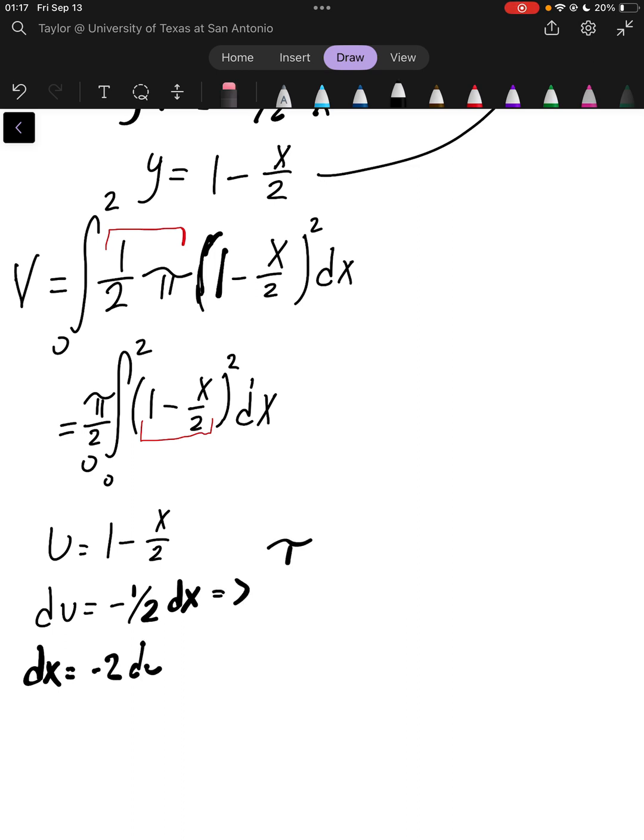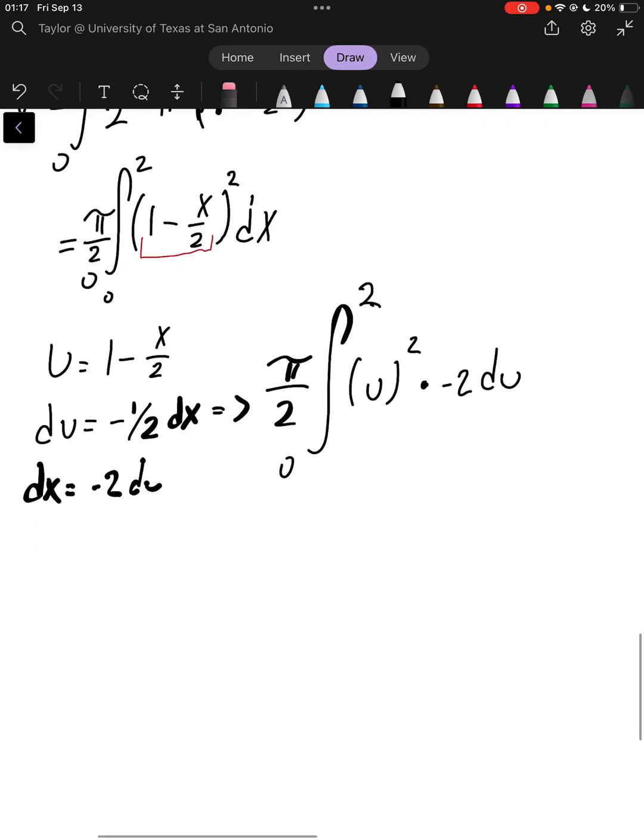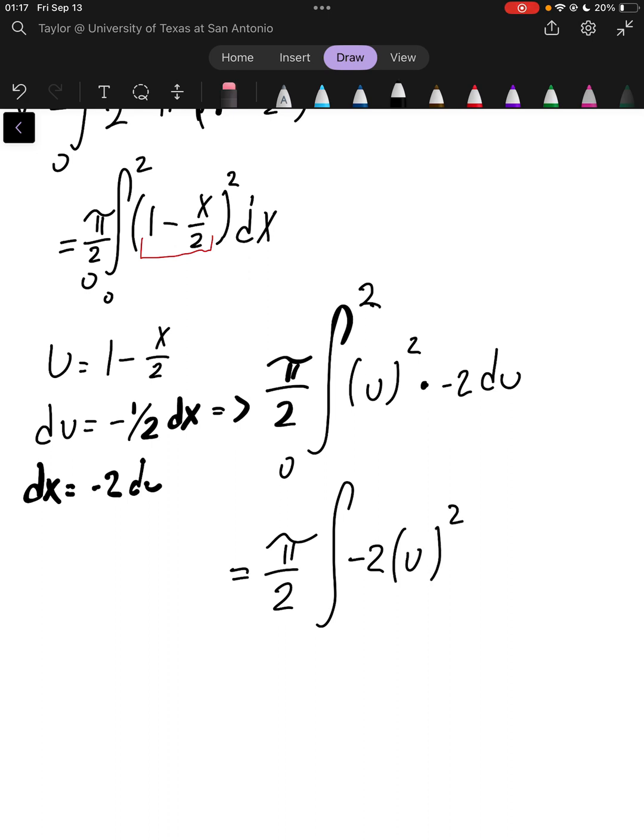This implies pi over 2 times the integral from 0 to 2 of u squared times negative 2 du. Rewriting this a little bit cleaner.